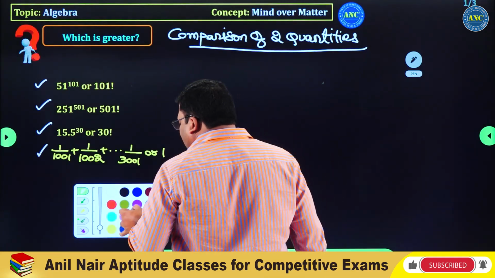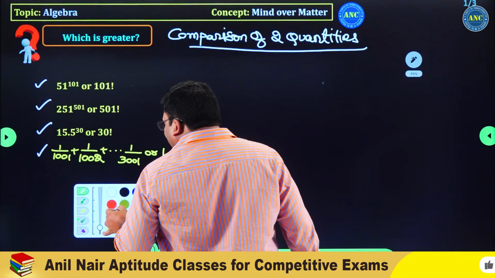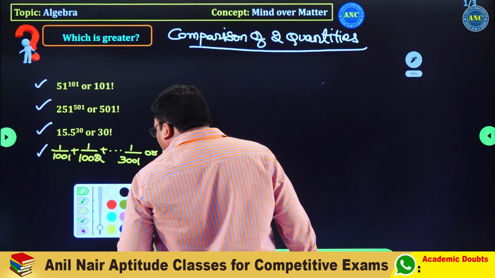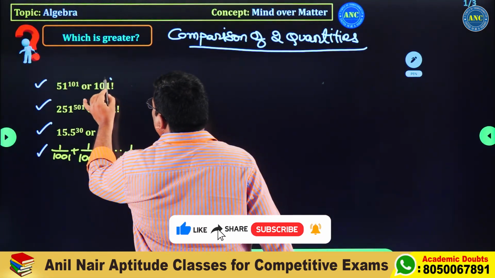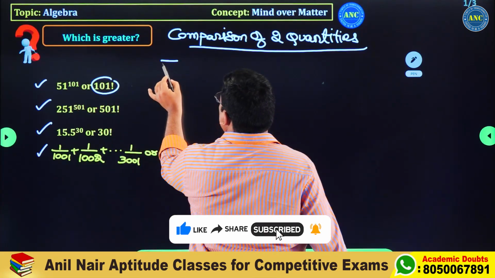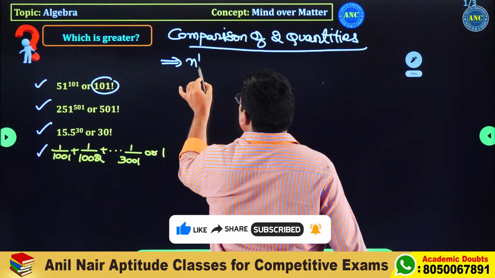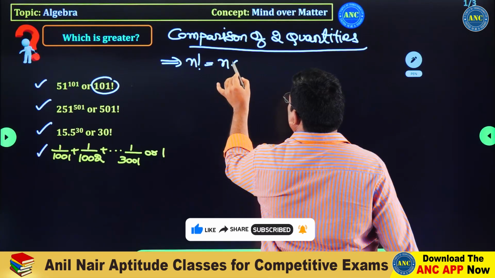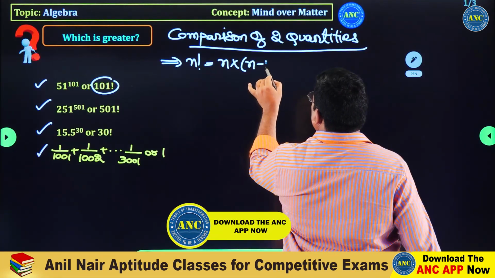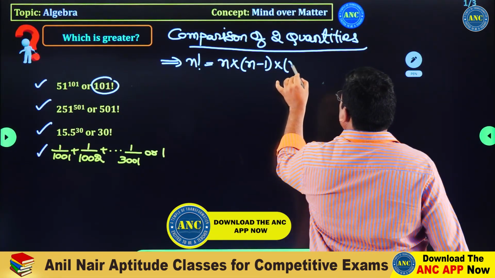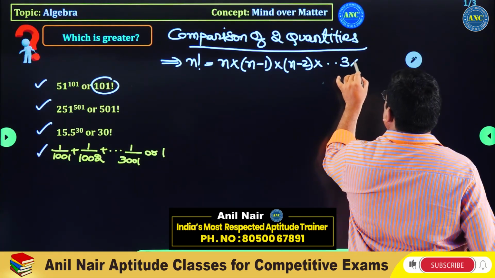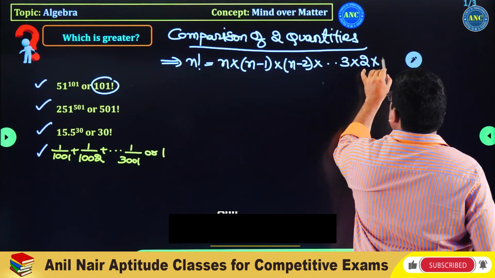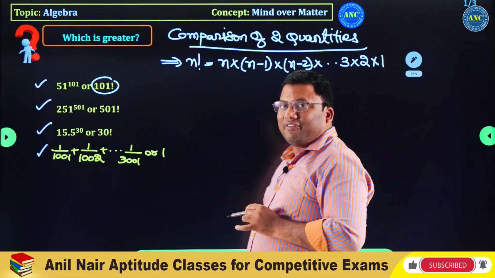Before solving the question, let us first understand a few observations. If you see 101 factorial, what do you mean by n factorial? N factorial is given by n into n minus 1 into n minus 2 and so on up to 3 into 2 into 1. This is the definition of a factorial.